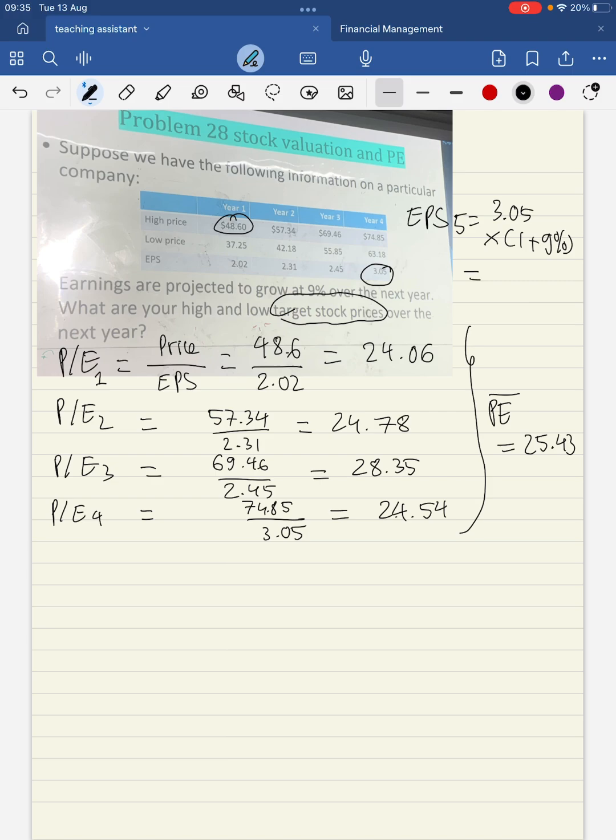And this will be equal to 3.3245, of course. Sorry, not a percentage, only 3.3245. So if we take the earning per share of year number 5 times the average PE, it will be equal to the forecast high price.